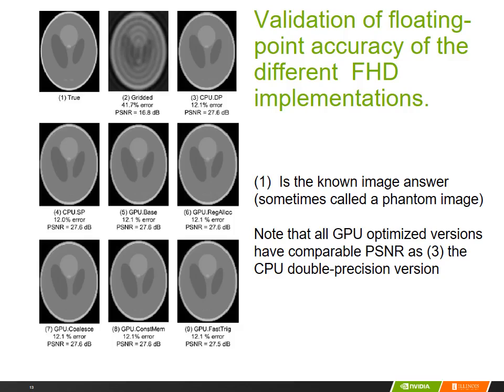And then we use the CPU, but we reduce the precision to single precision. And as we expected, the single precision reconstruction maintains the error and also the signal-to-noise ratio. This is because single precision was sufficient in preserving the data accuracy from the sensor. And then we start to use the GPU.